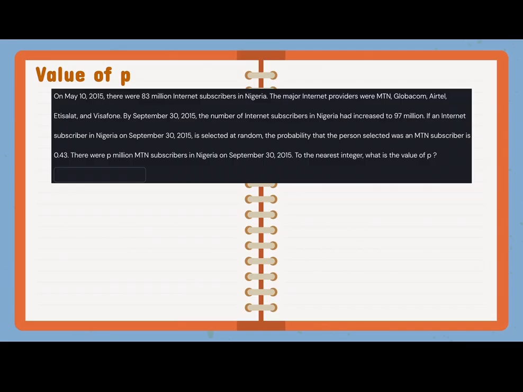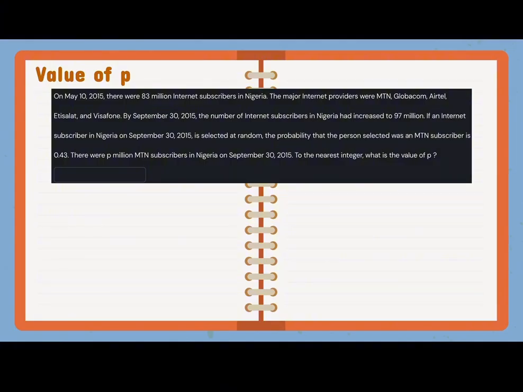Okay, last question for today. There are 83 million internet subscribers in Nigeria. The major internet providers are MTN, Globacom, Airtel, Etisalat, and Visafone. By 2015, it increased to 97 million.